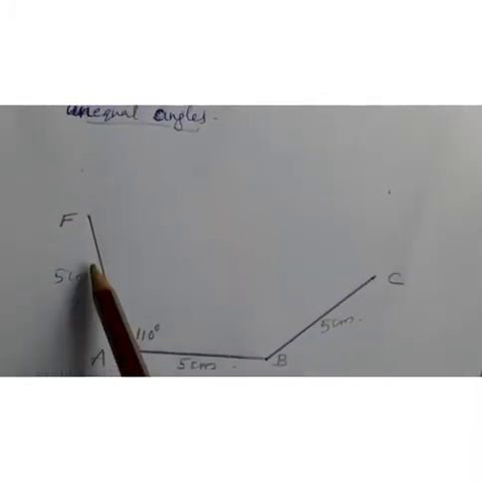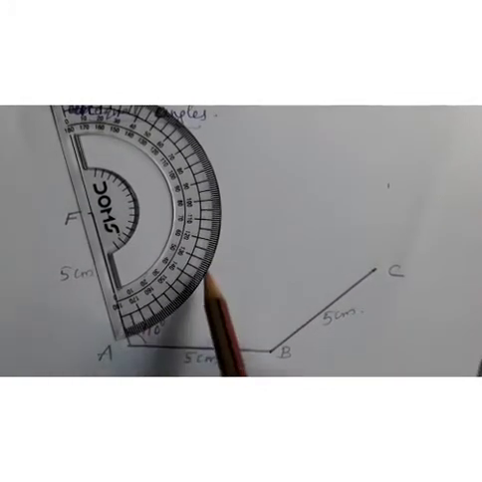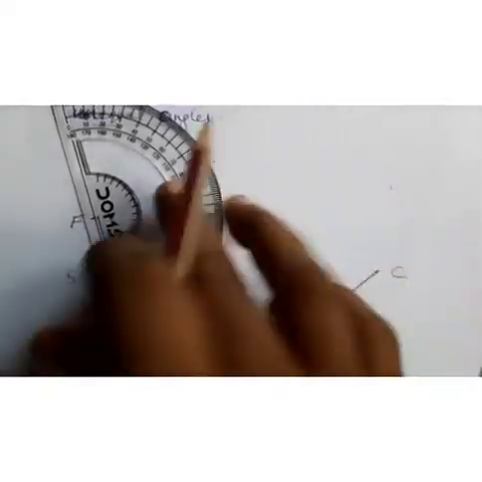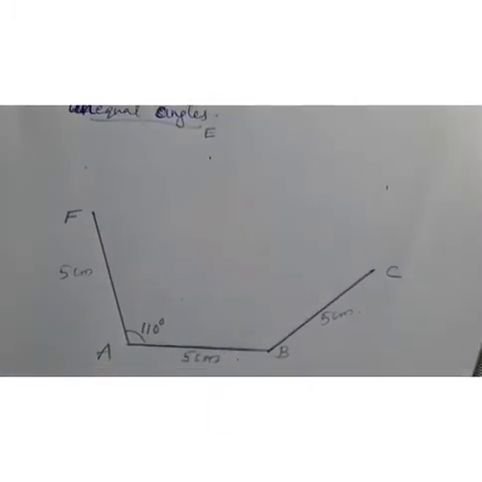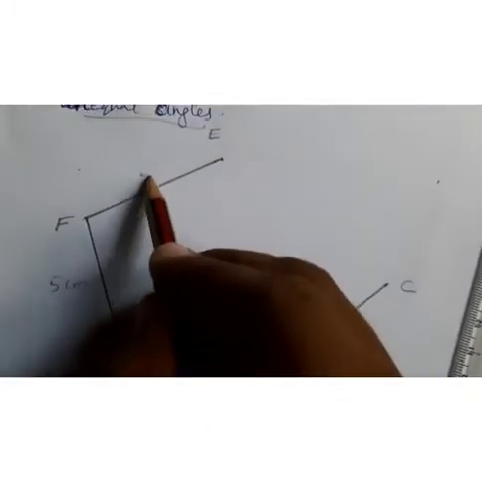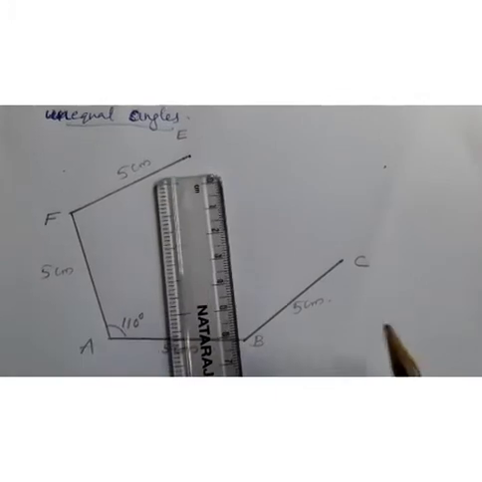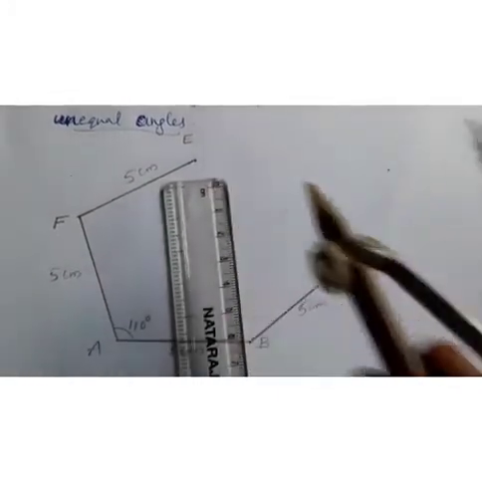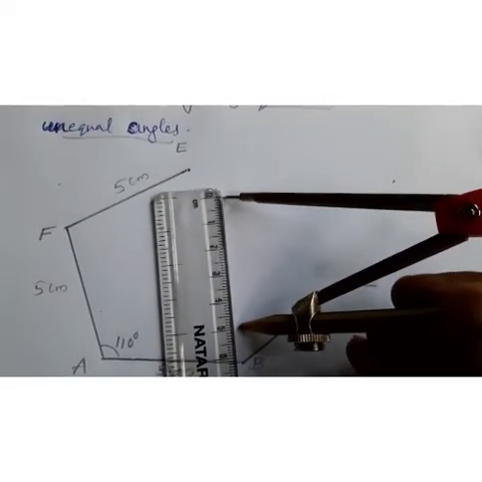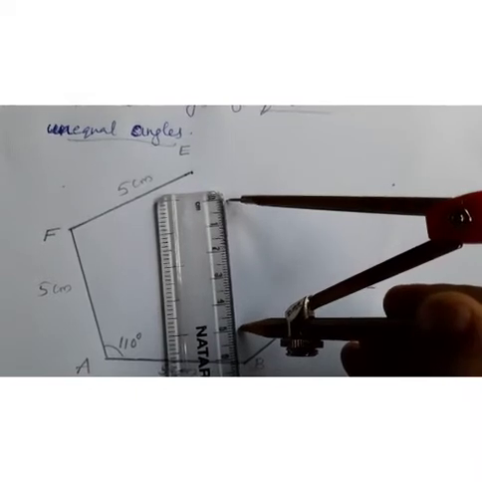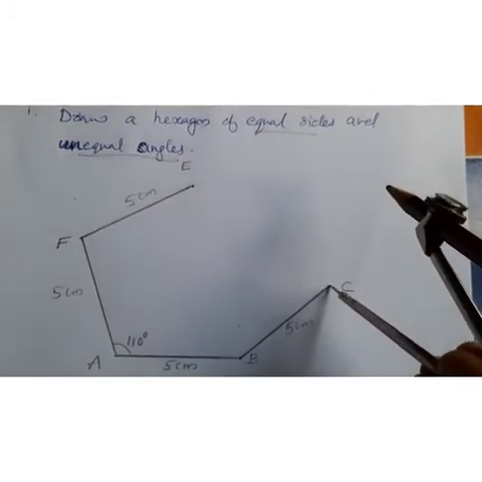Then draw the next obtuse angle from F. So I took 100 degrees. Then draw the line with 5 centimeters, and this point is E. Next, let's draw again from C and E. So in a compass, take 5 centimeters.